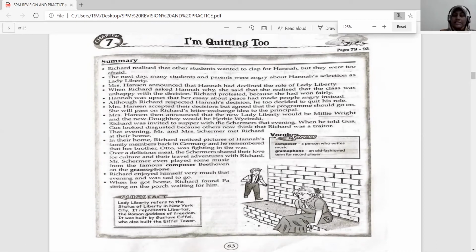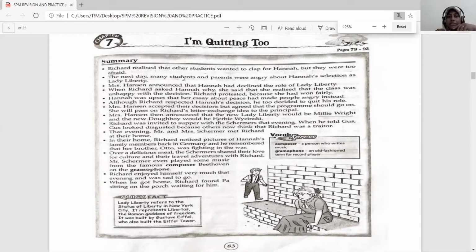So Richard realized that the other students wanted to clap, but they were too afraid. Afraid of whom? Class, whom do you think they are afraid of? Yes, not only Abner, they are afraid of the other influential kids, for example Peggy Blanky, the popular girls, and the very famous boys like Harry Cover.